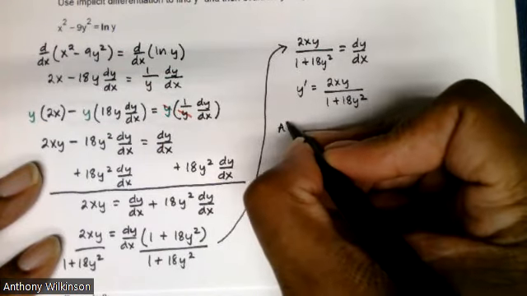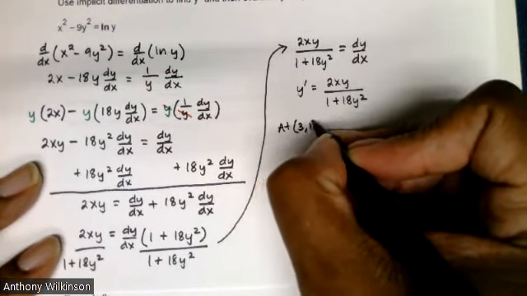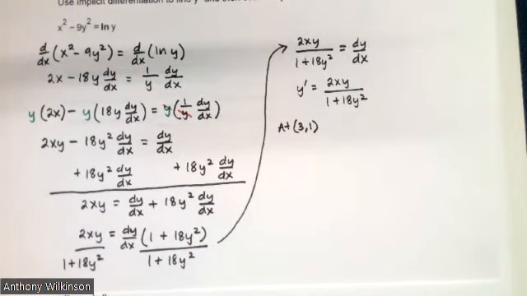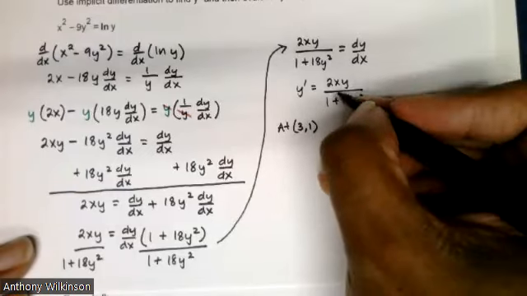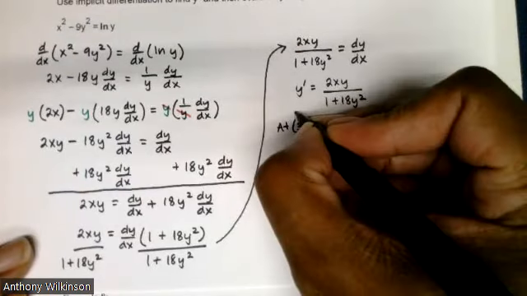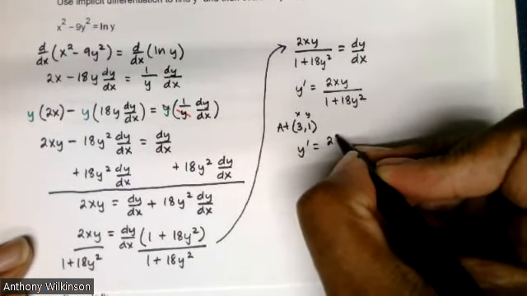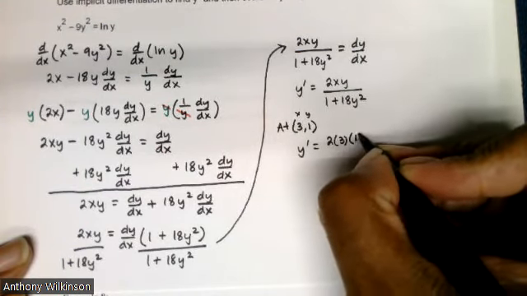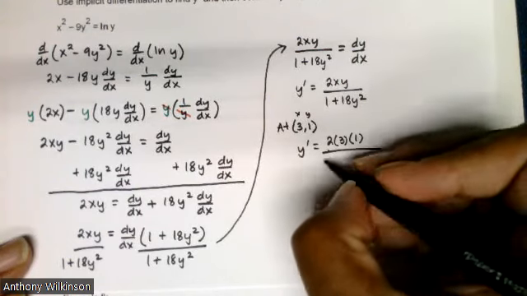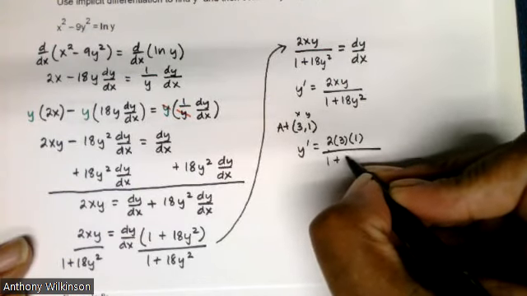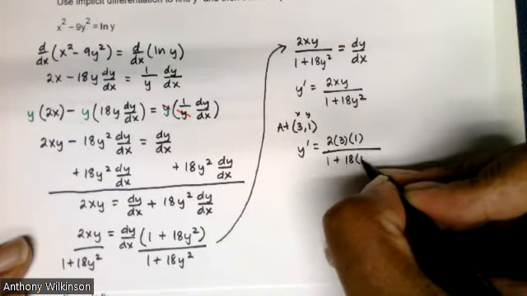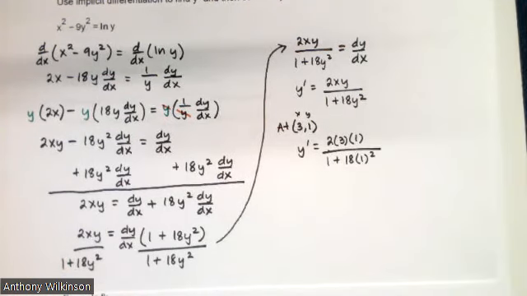Now at the point 3, 1, we want to find out what y prime is at the ordered pair 3, 1. Okay, so what we need to do here is just substitute the x with 3 and the y with 1. So y prime would be 2 times 3 times 1 all over 1 plus 18 times y, which is 1, and that's going to be squared.